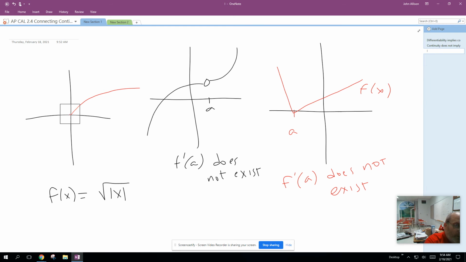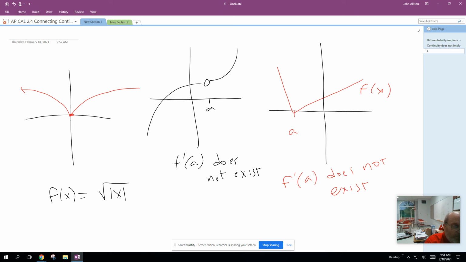When x was less than 0, it would give you the square root of negative x, the square root of the opposite of x. And so it would be a reflection of itself across the y-axis, so it's an even function. It is defined at 0 because we plug in 0 for x, we get 0 for f of 0.